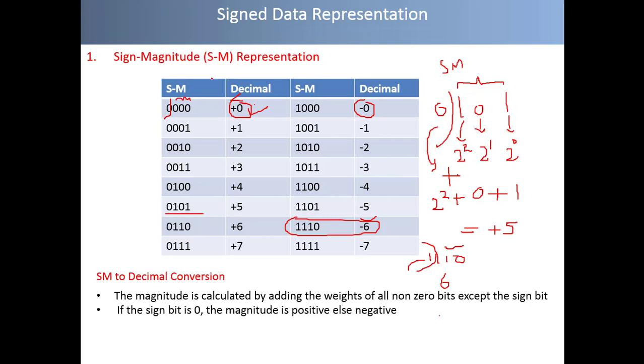So sign magnitude representation has ambiguity in representing the 0 value, but it is not a problem practically, because we often treat 0 as a positive number, so we represent plus 0 in the form of 0000. Negative 0 never happens, so this value never occurs in our computer.